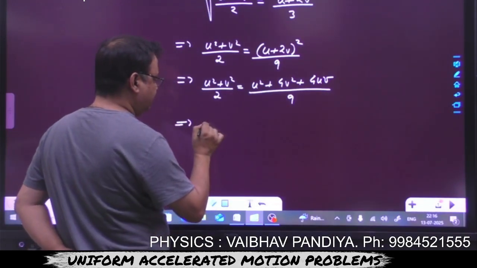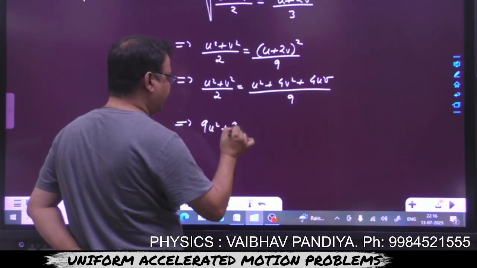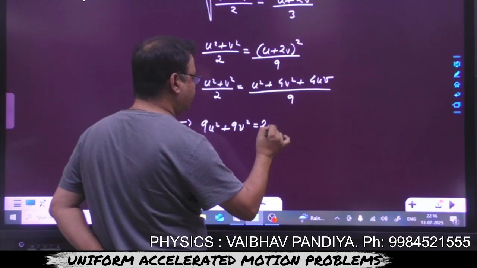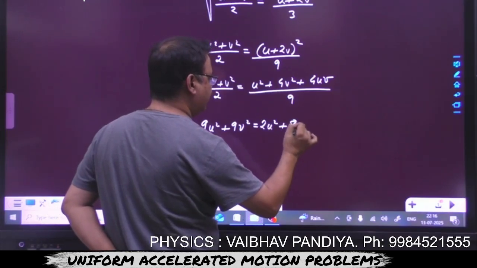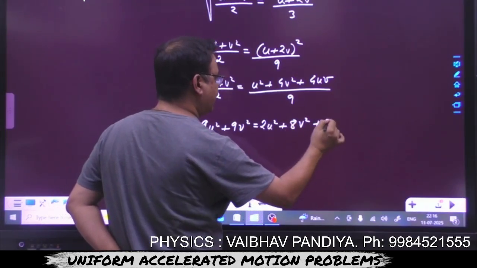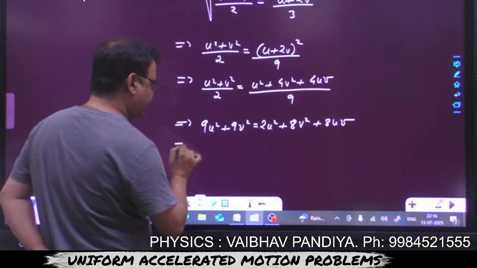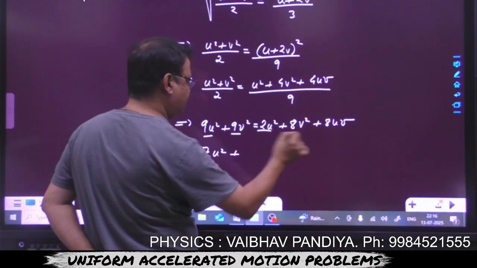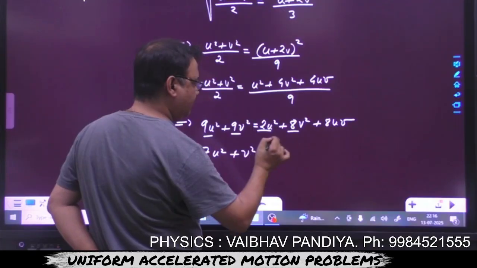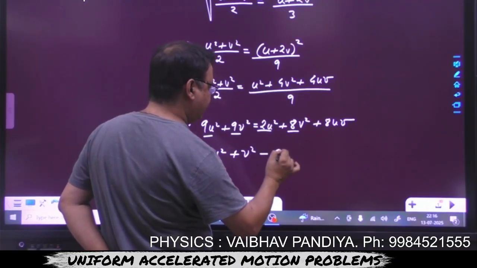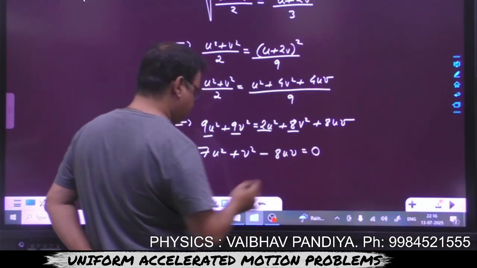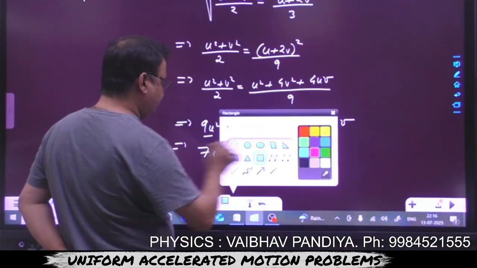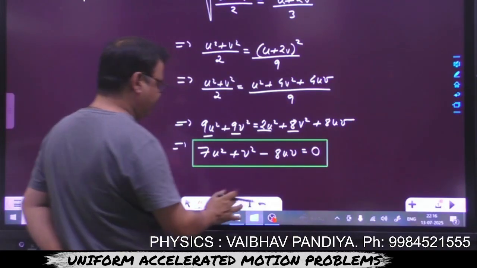So you will get 9U square plus 9V square is 2U square plus 8V square plus 8UV. So you will get 7U square plus V square, minus 8UV is equal to 0. So this is the equation you are getting in terms of U and V.